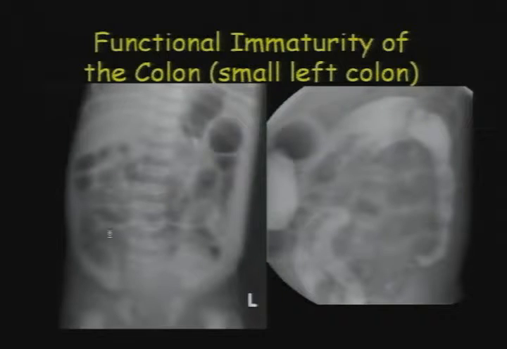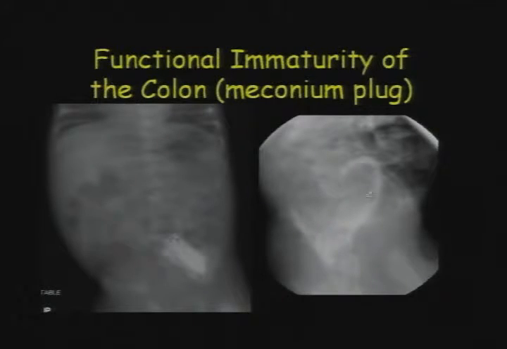Functional immaturity of the colon, again, shows a distal bowel obstruction, dilated bowel, lots of loops, and when we put contrast in, we see a small colon to the level of the splenic flexure, and then it's more normal caliber beyond that. You may end up seeing a meconium plug, which is this big, thick piece of meconium in the rectosigmoid or descending colon, and this is another case of functional immaturity of the colon.